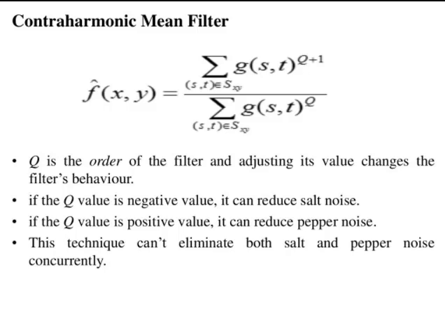On the basis of the value of q, if it is negative, it can reduce pepper noise, and if it is positive, it can reduce salt noise. There is a drawback of this method: it cannot eliminate both salt and pepper noise at one time, simultaneously.